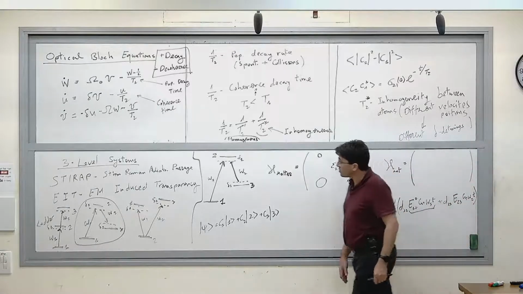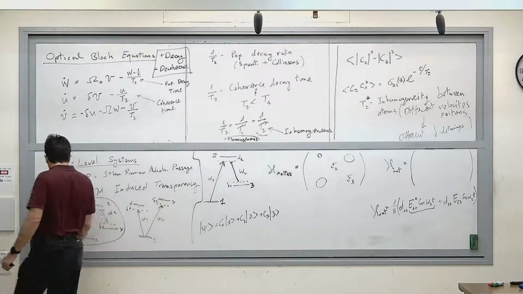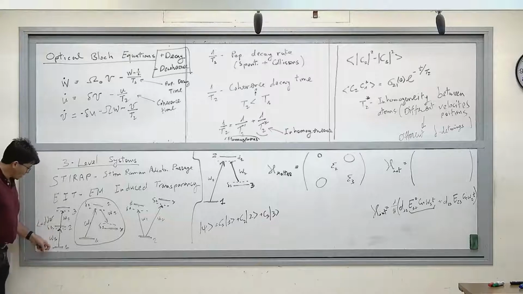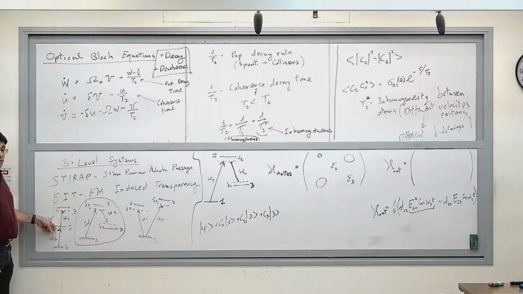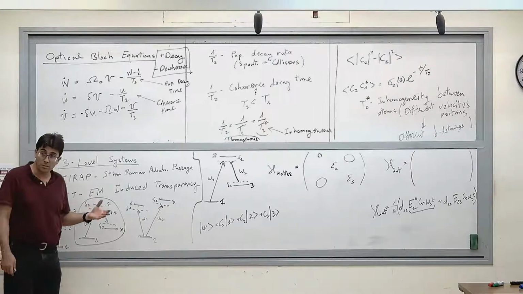And in many cases, this is indeed the situation. Why is that? Usually, if the transition from 1 to 2 is allowed in one photon, and the transition from 2 to 3 is allowed, then due to symmetry, in most cases the transition from 1 to 3 is forbidden.